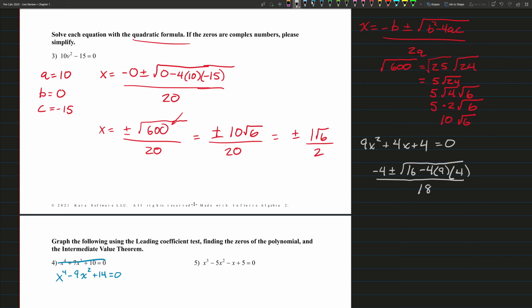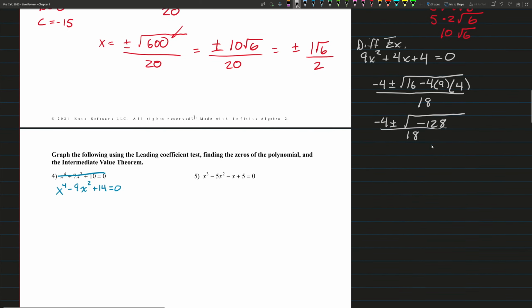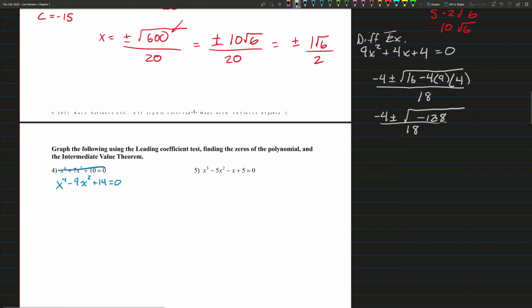Okay, and if you simplify this, you should get negative 4 plus or minus the square root of negative 128 over 18. And keep in mind, this is just a different example. So don't get confused with this in white with that in red. Okay, and our job would be to simplify this thing as much as we can.